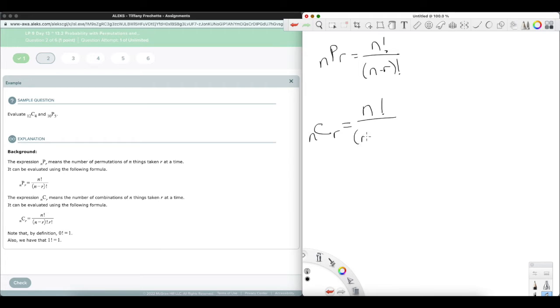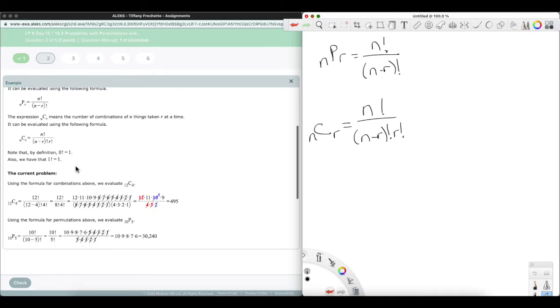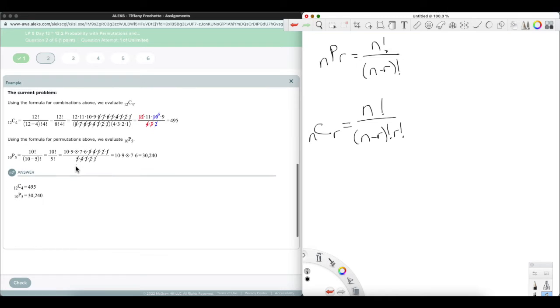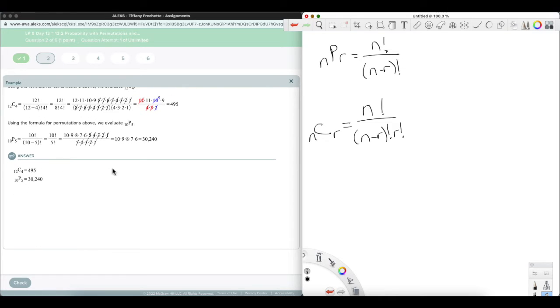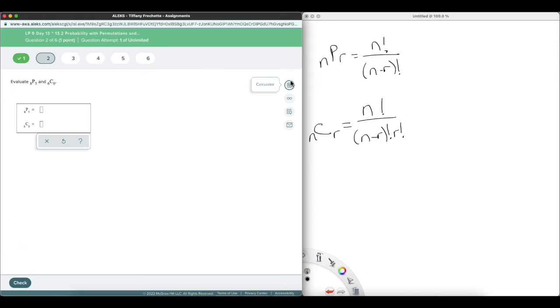So we want to make sure that we're paying attention to which one is which. In this case, this is a very simple idea. It's not necessarily going to matter because they're not giving us a situation to deal with here. But for the definition of each, we just want to make sure we understand that one has a very specific order and the other does not. So permutations, order doesn't matter. Combination, the order does matter.